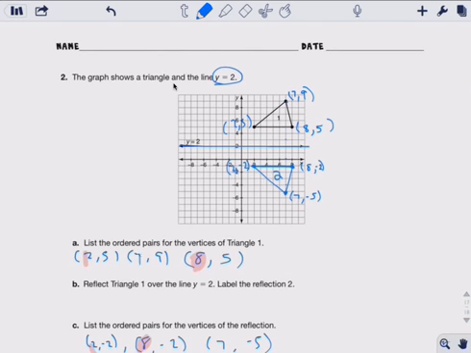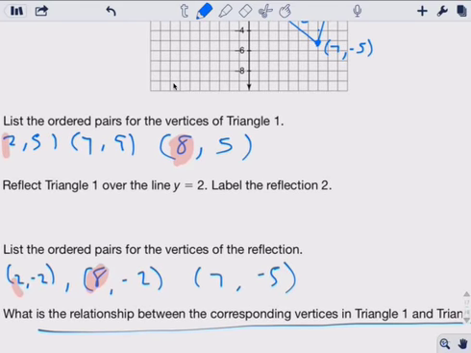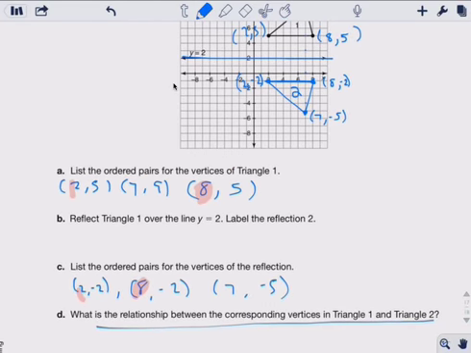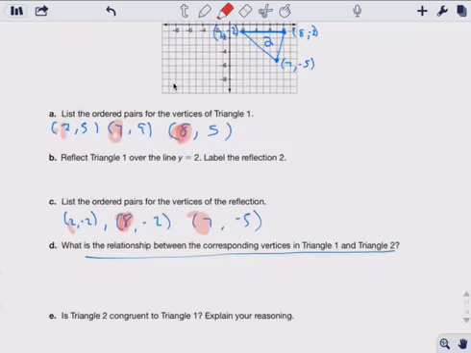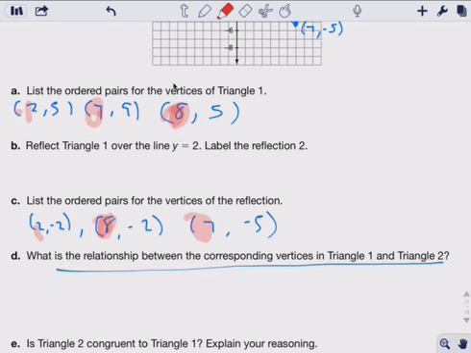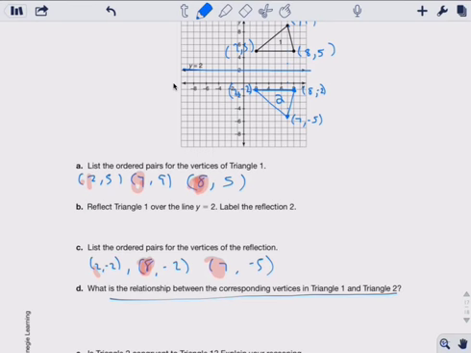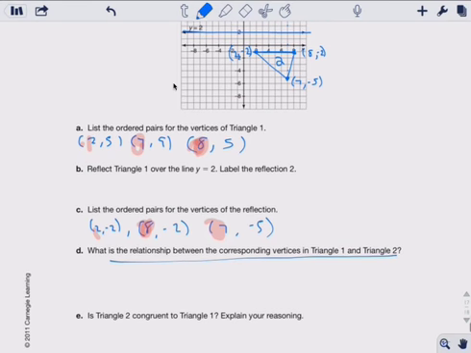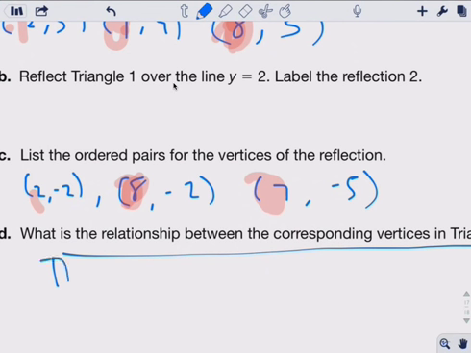Again, careless mistakes. Okay, 7, 9. That's correlated to this and this, and 8 to that. So as you notice, x are all the same. The only difference is there's a change in y. The x coordinate remained the same because it's reflecting over the x, basically, even though this says y equals 2. The x coordinate stayed the same.